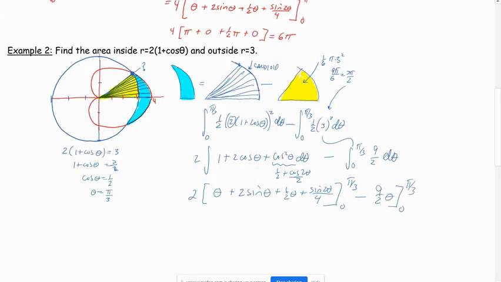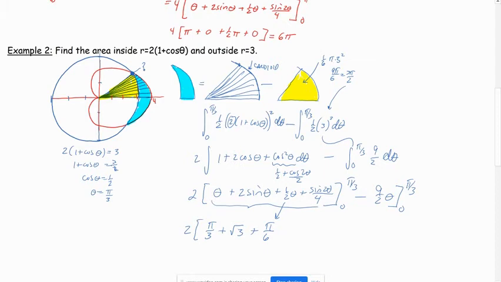Okay, and so when we plug in pi over 3 into this integral, we end up with pi over 3. Sine of pi over 3 is root 3 over 2 times 2 is just root 3. And then we'd have pi over 6. And then sine of 2 pi over 3 is also root 3 over 2.